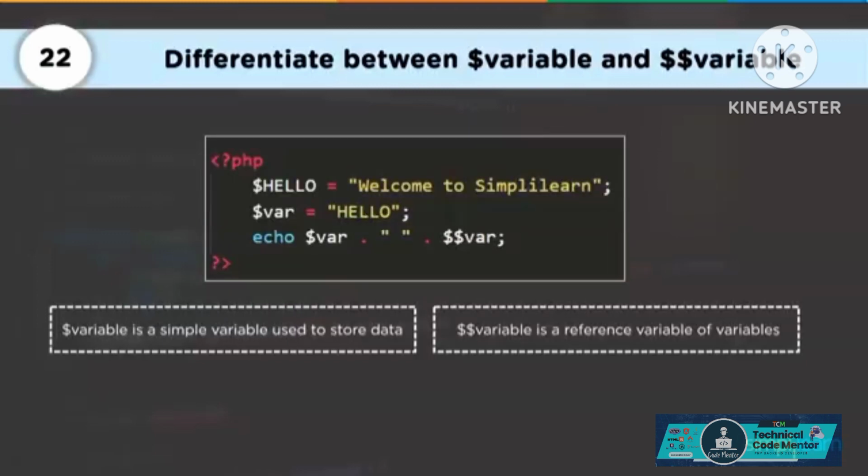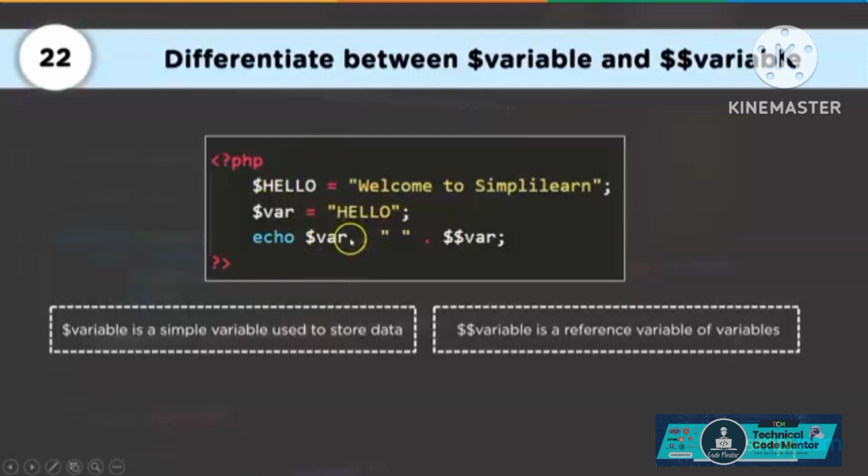Now to understand how these two work, you can see this particular block of code here. What you need to focus on is this simple variable hello, which contains the string welcome to Simplilearn, and we have defined another variable as var, which contains the string hello. Now in this echo, you need to notice this is the same string as the name of this variable.